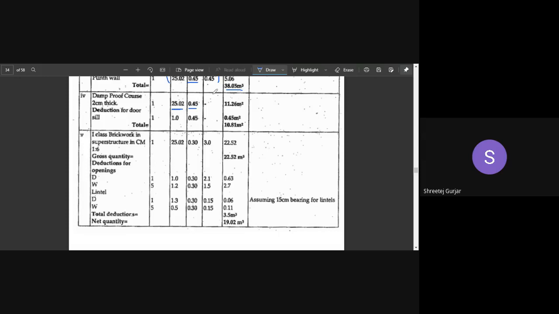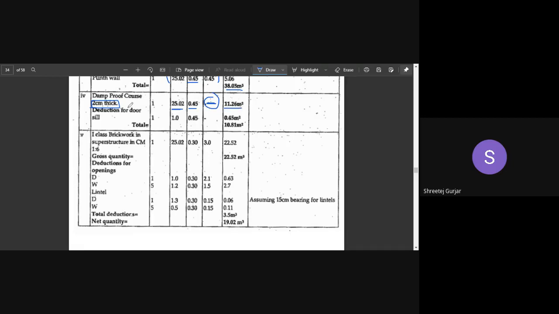So it is 0.45, and we need not consider the depth of your DPC over here, because it is mentioned here. If it is mentioned here, we should not consider it over here. So it is in meter squared because only two quantities you are multiplying.